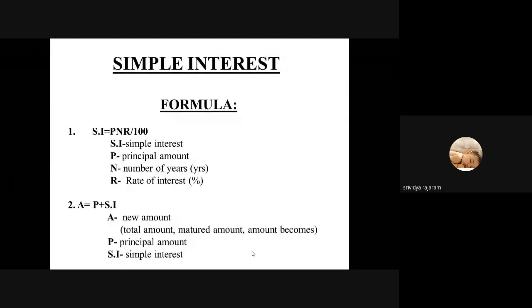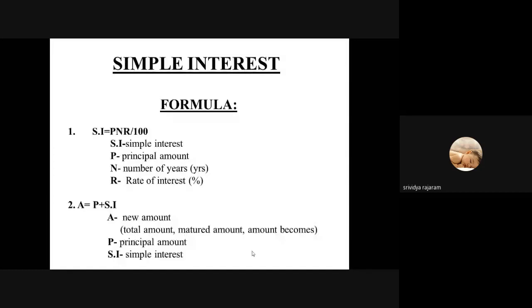You will get the years. If N is given in terms of years only in the question, no problem. You can directly substitute the value of N in the formula. Clear what I said? Make sure N is given only in the form of years. This is the first point you should remember while solving any problem based on simple interest.